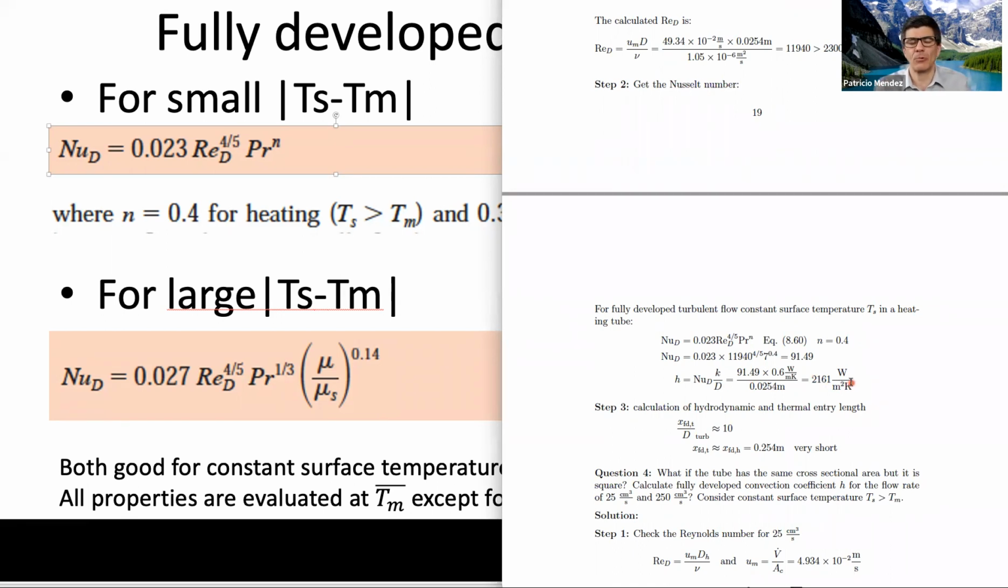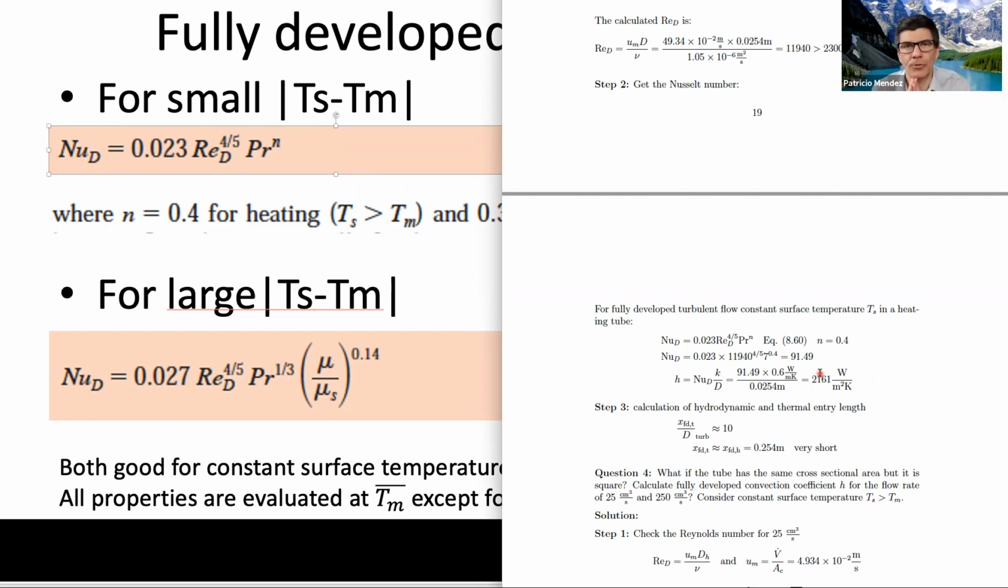We would have called it 1000 before this class, right? And now we see that in laminar we have more or less 100, pretty sad, and in turbulent we have 2000. The number 1000 we used before was kind of made up to be practical, but now we start to understand the subtleties. It depends on the Reynolds number and the turbulence, and you can calculate for each case something that is realistic. Much, much higher, 20 times higher, because it's turbulent. And this is all due to the advection that enhances the heat transfer.